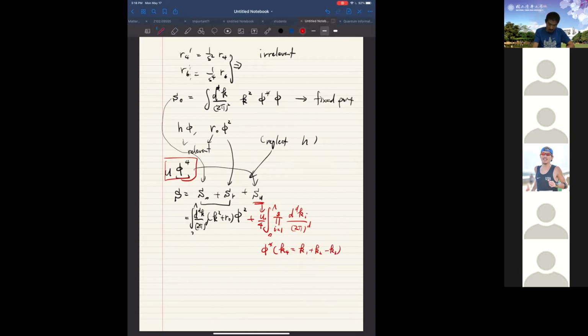So the picture we have is something like this one. So this is K1, this is K2, and then the others are K4 and K3. So momentum conservation means K1 plus K2 equals K3 plus K4. So K4 must be K1 plus K2 minus K3.